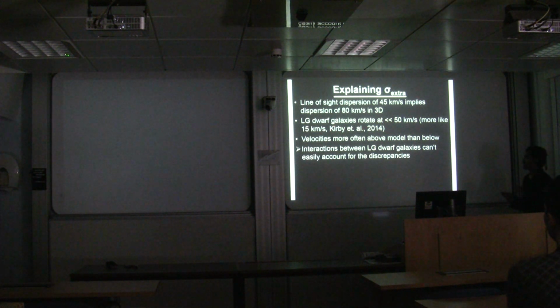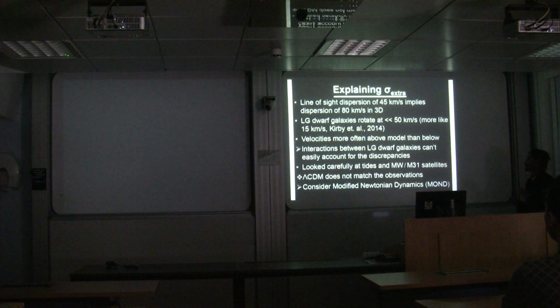And large scale structure again is not having such a big impact. So velocity is also being more often above the model than below is slightly weird. It's not like a random dispersion really, it's biased one way. And therefore we decided the interactions between dwarfs in the Local Group are having some difficulty explaining the observations.